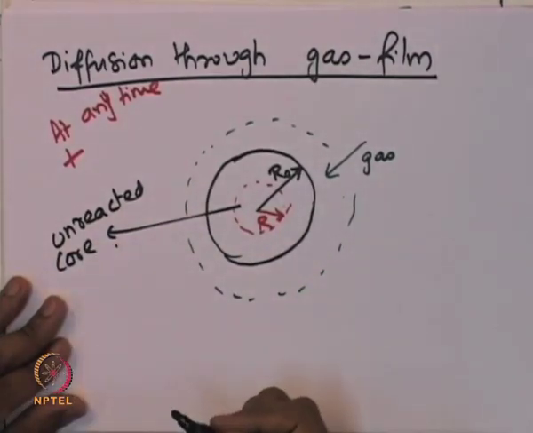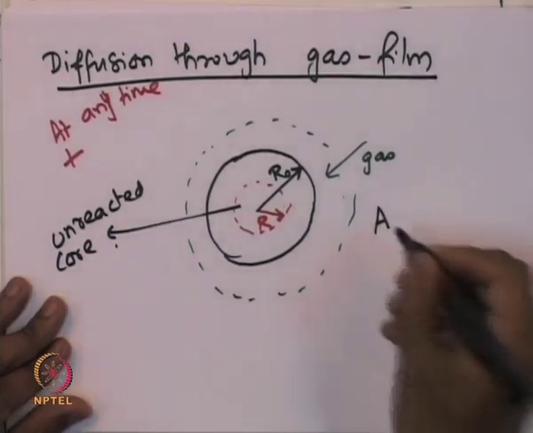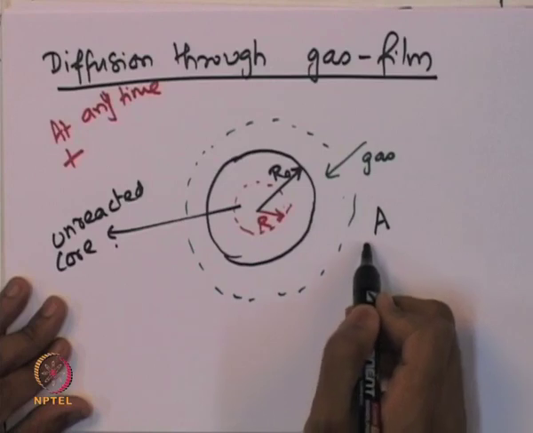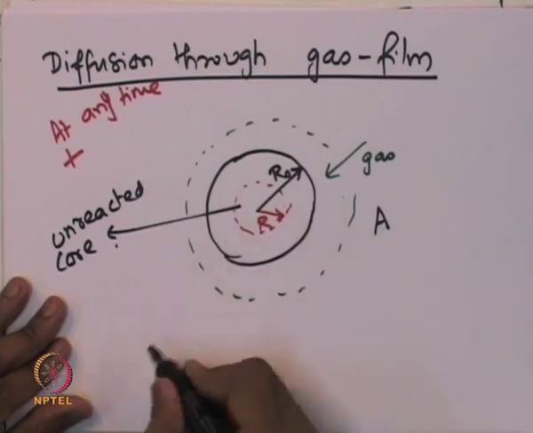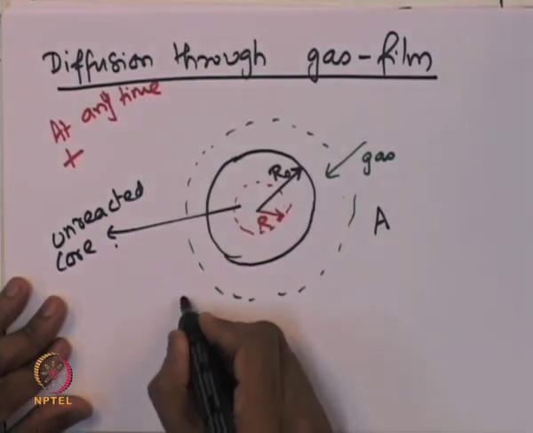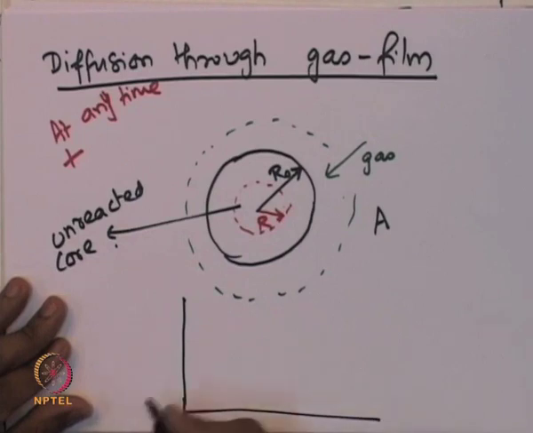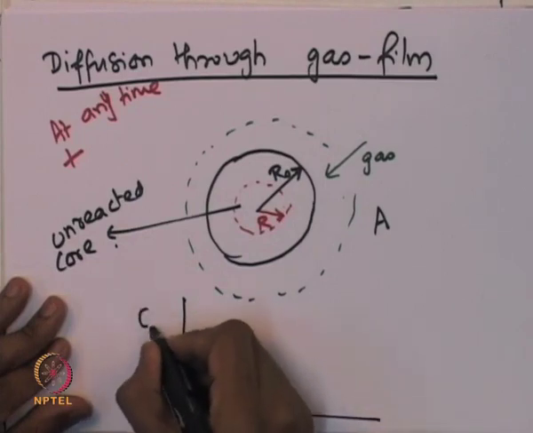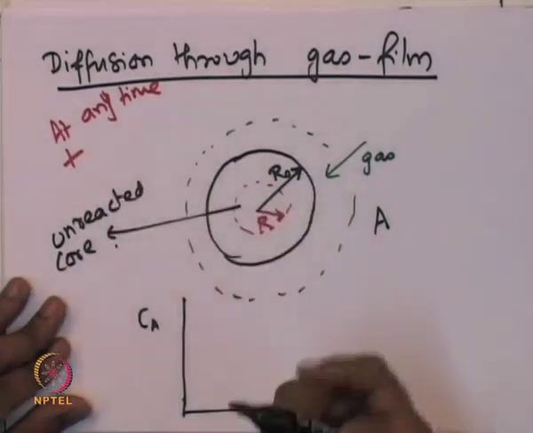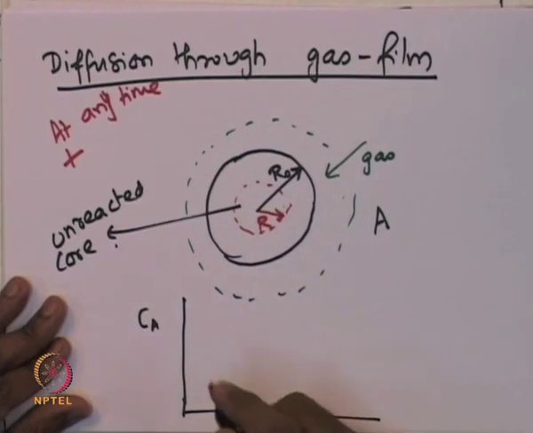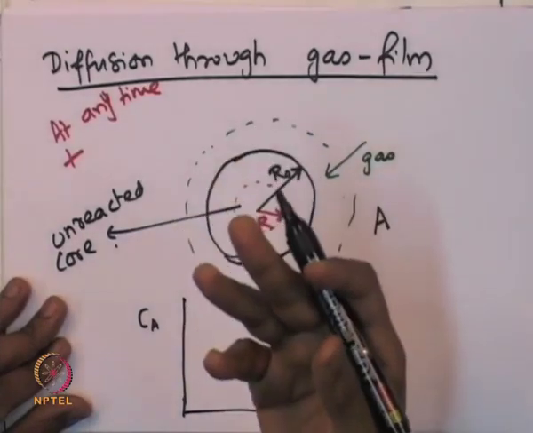Now, let us attempt to intuit the concentration profile of species A, which is in gaseous form and diffuses through to react with the solid in this particle. Suppose this is the concentration of species A. Because we assume that diffusion through the gas film is controlling, the diffusion process in the gas film is going to be much slower than the other two processes occurring inside the solid core.